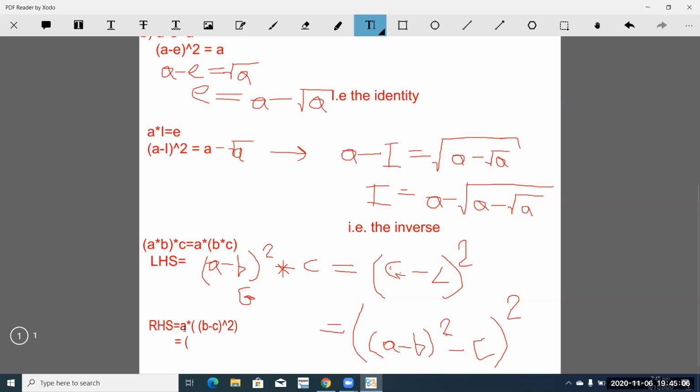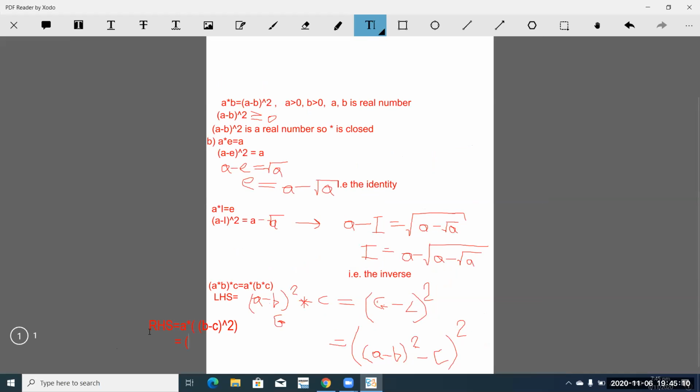Remember A star B, let's look back at the rule. The rule is telling us that the first number is connected to the second number by subtracting the second number from the first number, then squaring it.